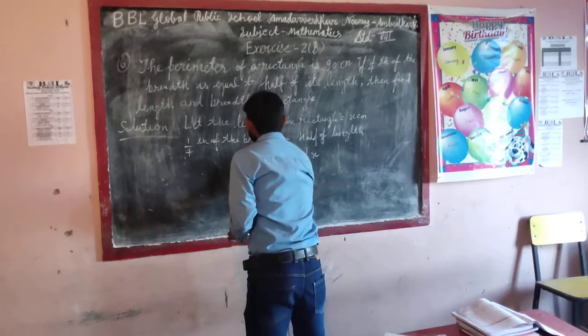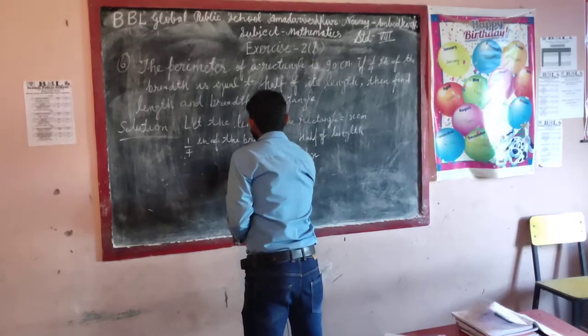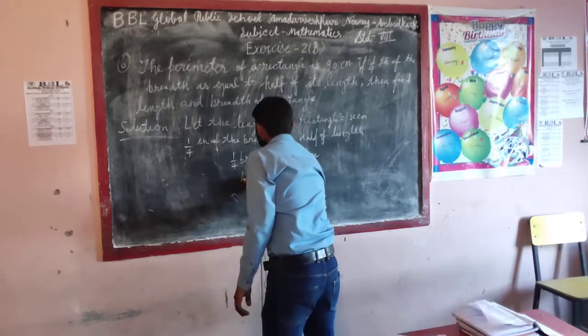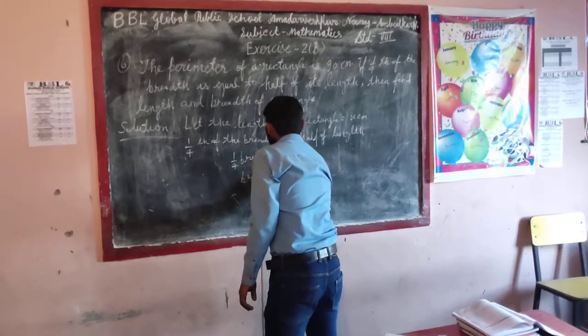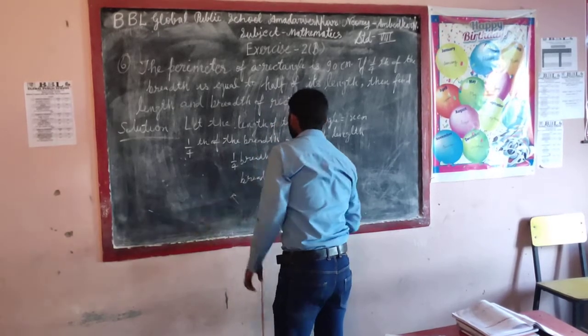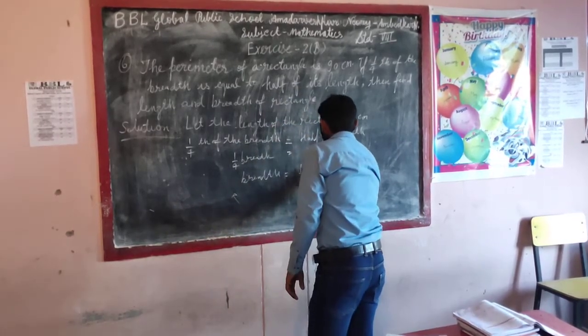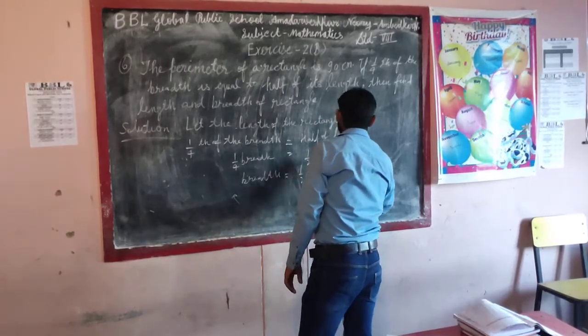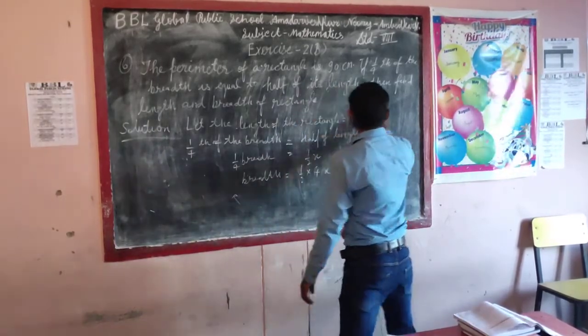Breadth will be 4 into 1/2 into x, which is 2x.